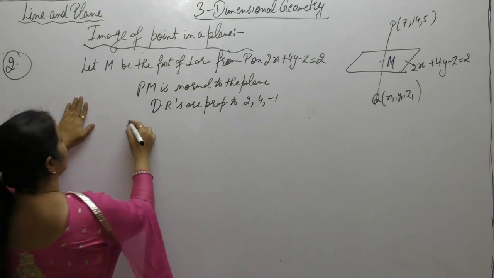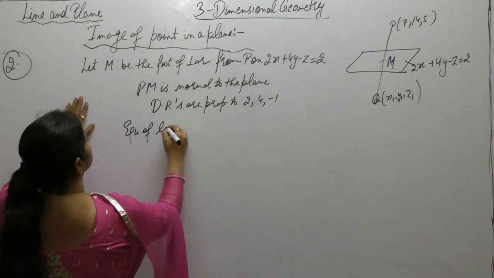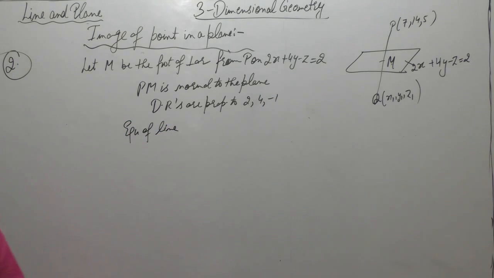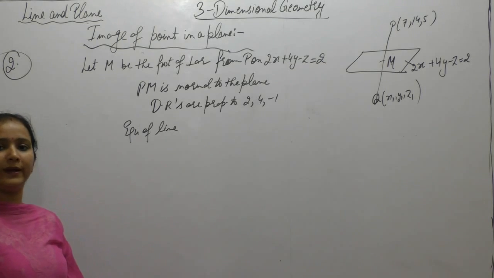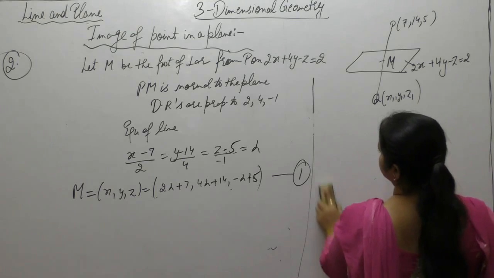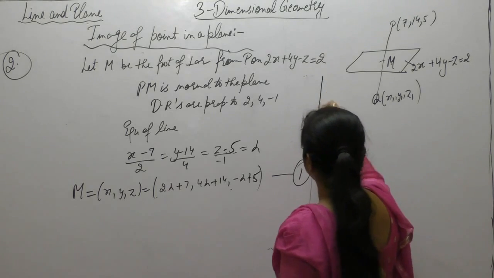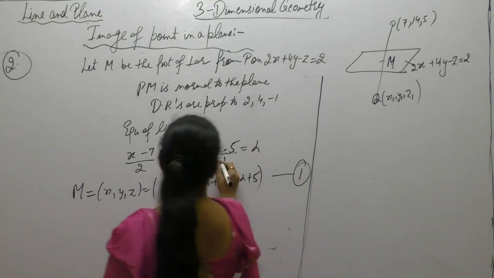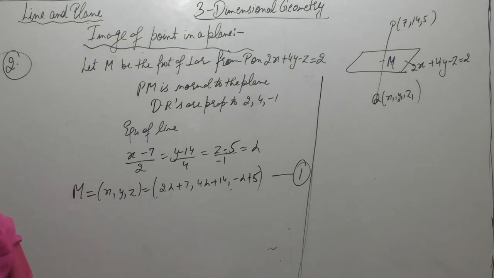So the equation of line PM passes through point P, therefore the coordinates are 2 lambda + 7, 4 lambda + 14, -lambda + 5.